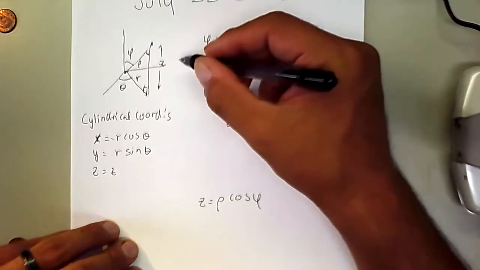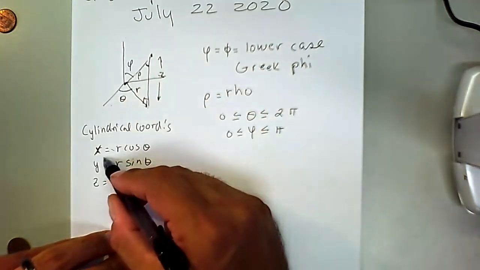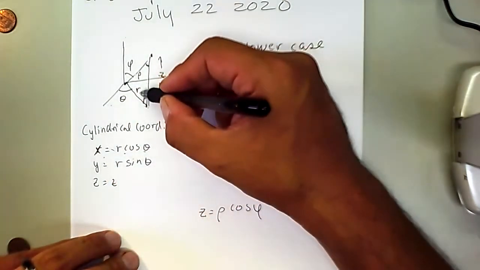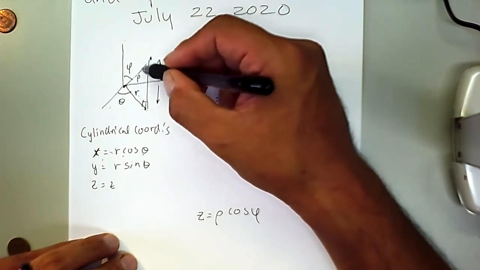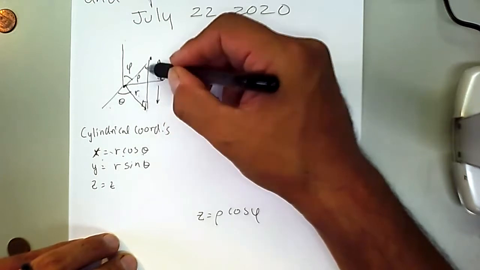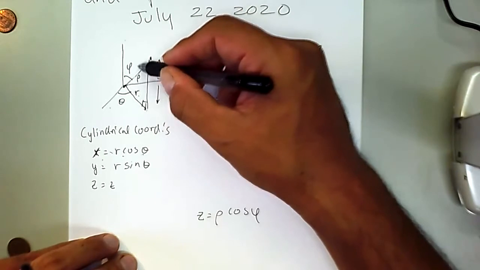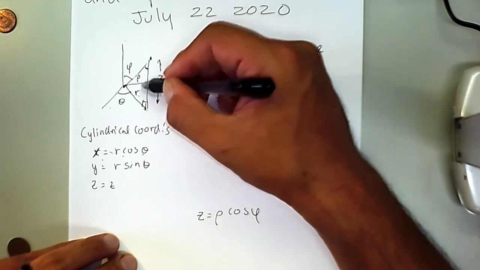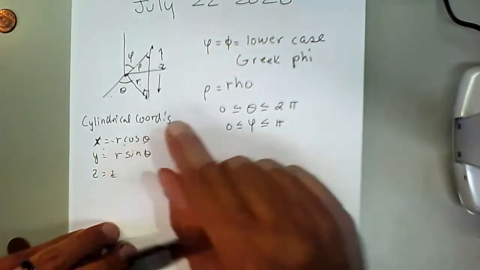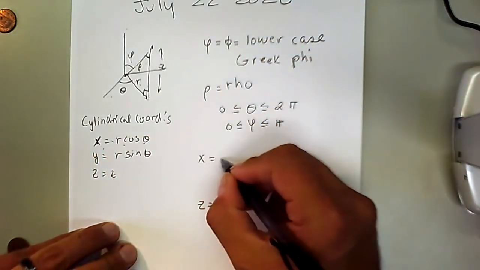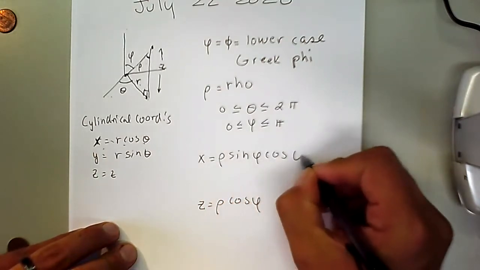Now x would be this distance, which is r cosine of theta, but r, just like we found z to be rho cosine of phi, is the opposite side to this angle in this triangle. So r would be rho sine of phi. Consequently, x is rho sine phi cosine theta.